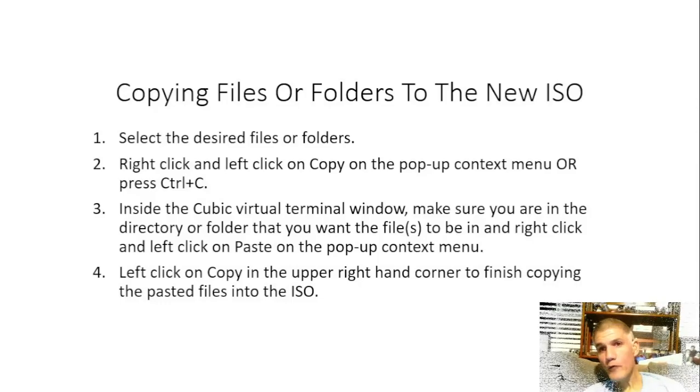Then in the upper right hand corner, you're going to see a blue button that says copy. You're going to left click on that button, and then the files and folders will be copied to their destination. So simple.